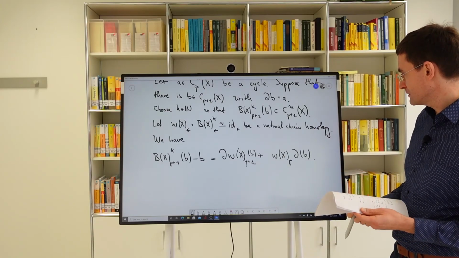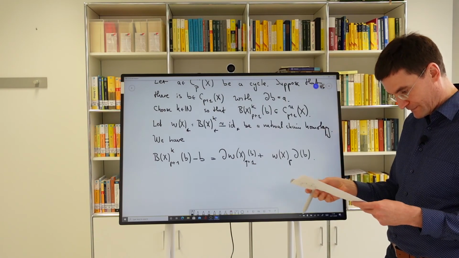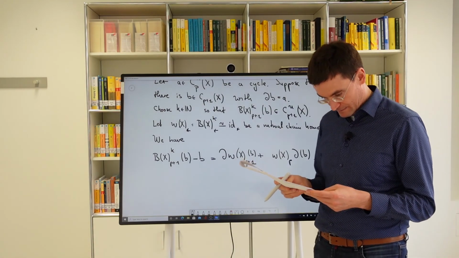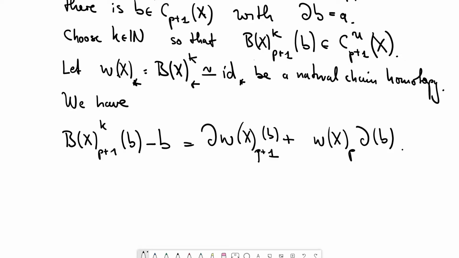What do we have now? Should be easy. It's always suspicious if the lecturer looks at his notes when he says that something is easy, right? So what we get is, we want to look at the boundary of this element B_X^k in degree p+1 of B, and see what it is. So let's take the boundary on both sides.